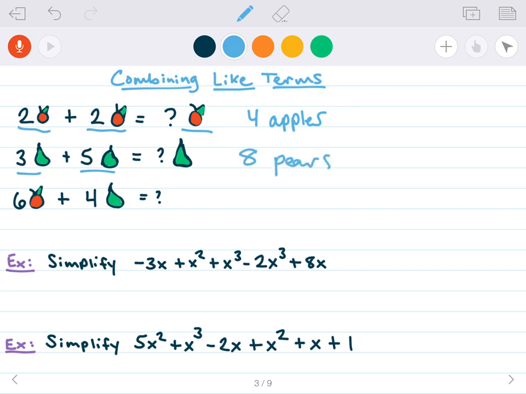If we have 6 apples and 4 pears, what do I have? Well, I can't really say that I have any apples. I can say I have 6 apples and 4 pears, but I can't combine them unless I want to just say I have 10 pieces of fruit. But in terms of apples and pears, I can only say that I have 6 apples and 4 pears.